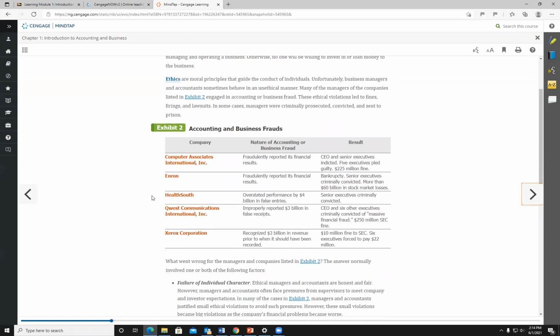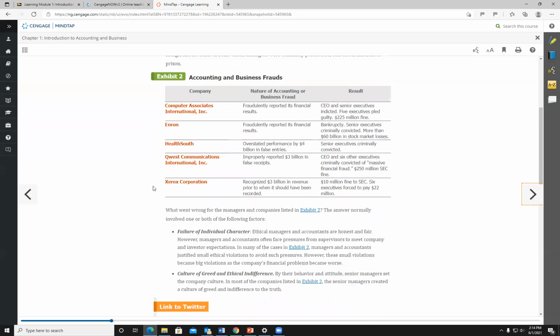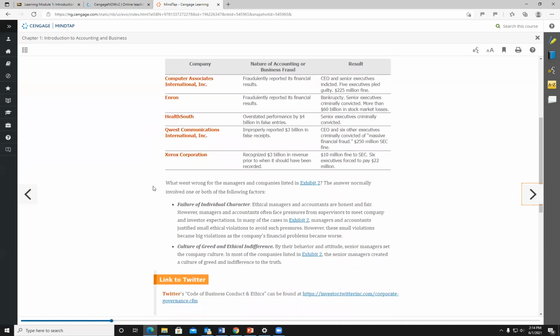So the next question you want to ask yourself is, why? What would cause managers and accountants to act unethically? Well, sometimes it could be due to, it says here, failure of individual character. So basically what that means is ethical managers and accountants are honest and fair.